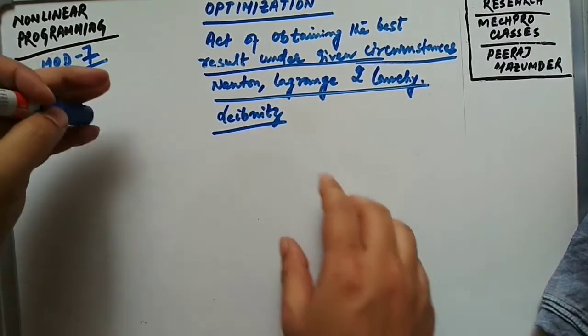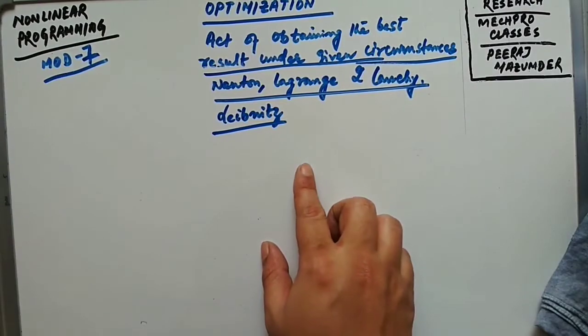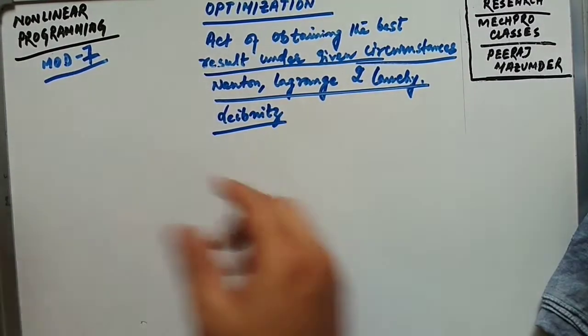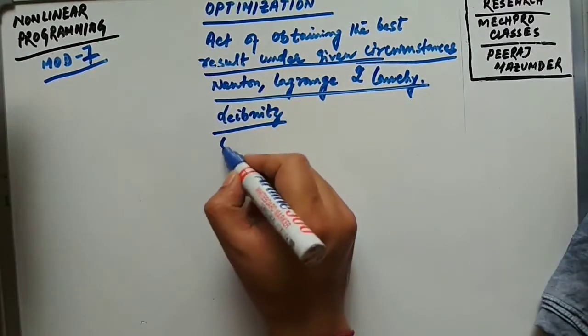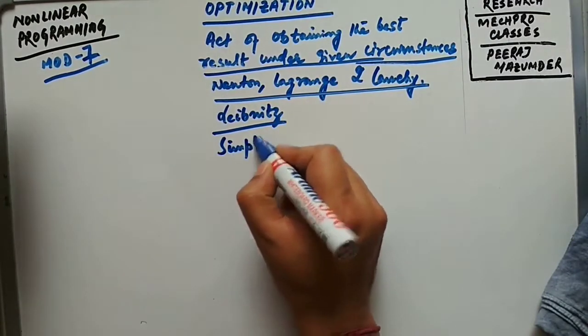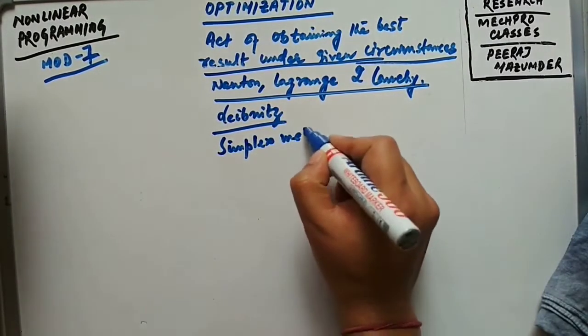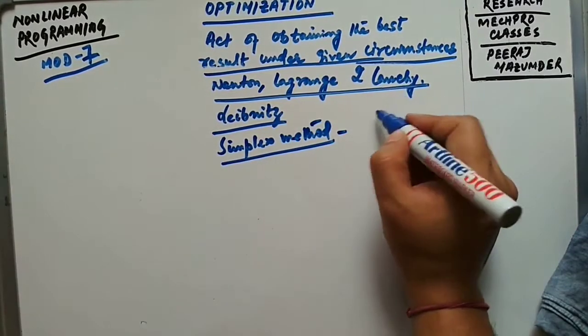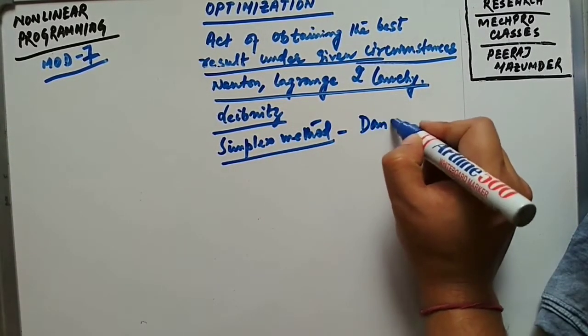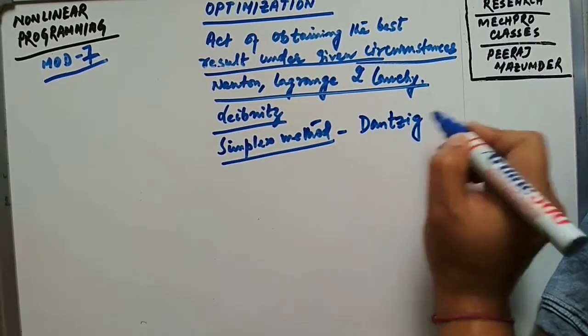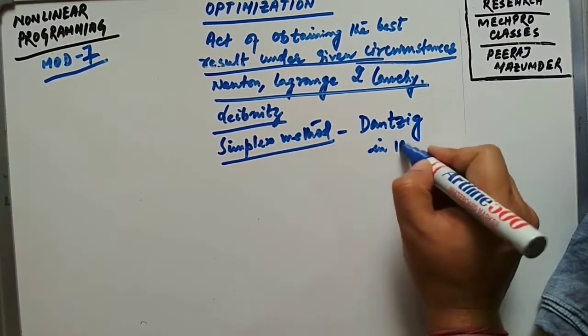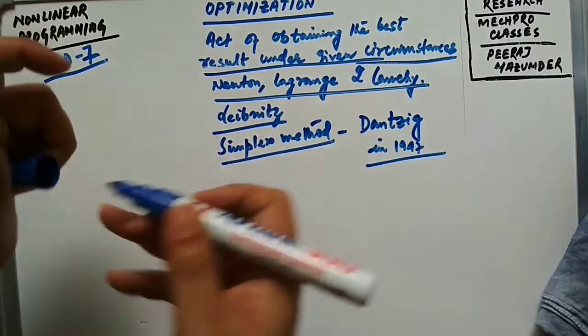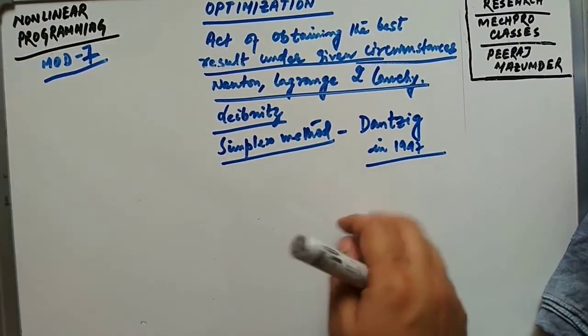Now later you can say the development of simplex method. We have already done the simplex method. We know how to solve simplex method in linear programming. The simplex method was developed by Dantzig in 1947, and it was for linear programming.